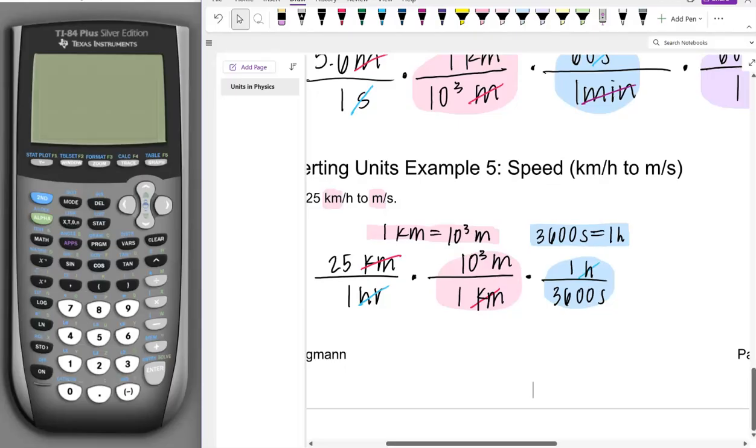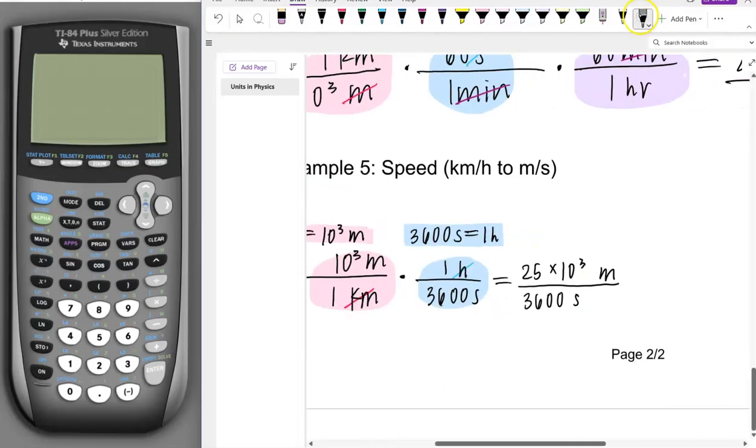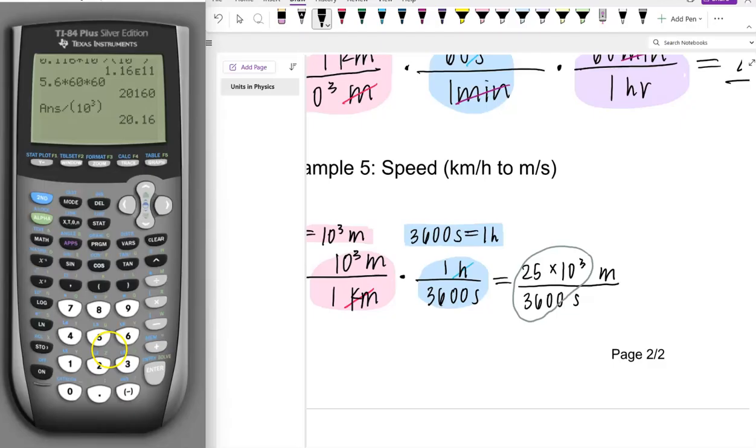Now go ahead and multiply straight across. On the top we have 25 times 10 to the third meters. On the bottom we have 3,600 seconds. And you need to divide 25 times 10 to the third divided by 3,600.